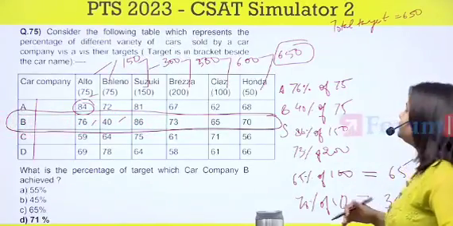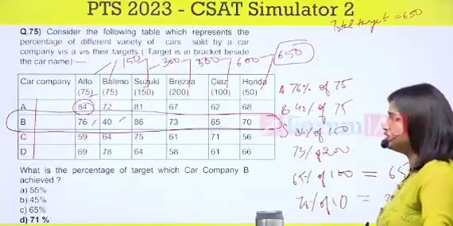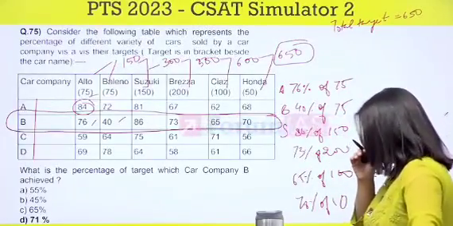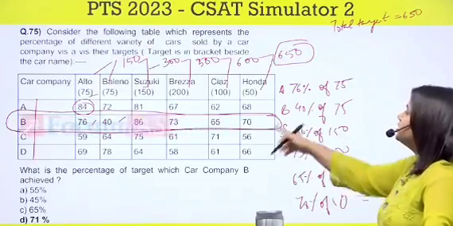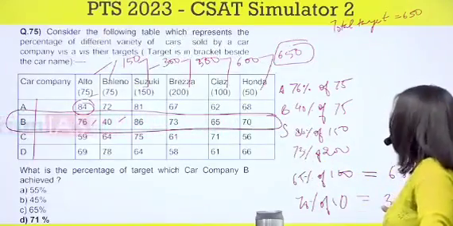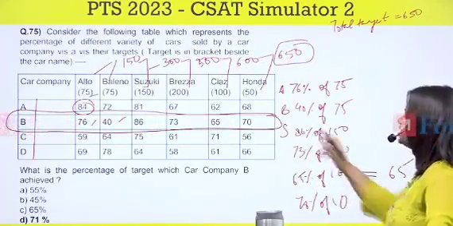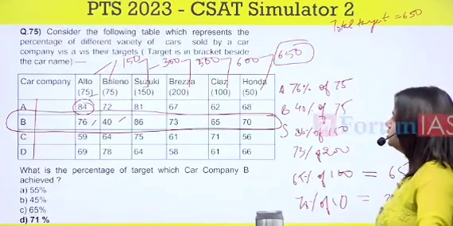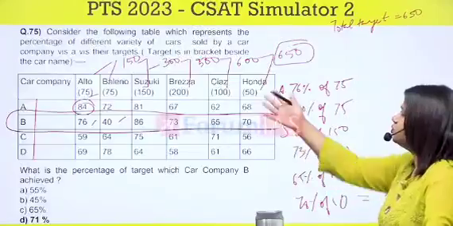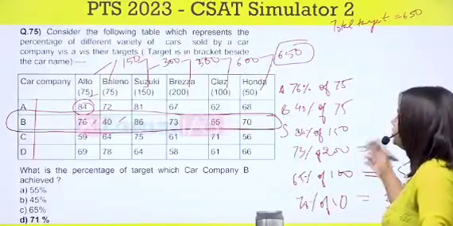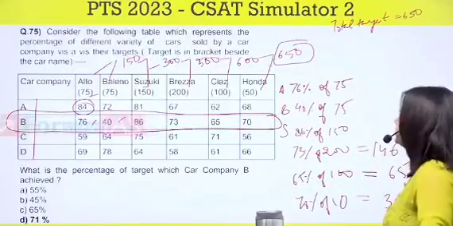So I write 35 here. 65% of 100 is just 65. 73% of 200 is just multiplying 73 by 2, which will be 146.